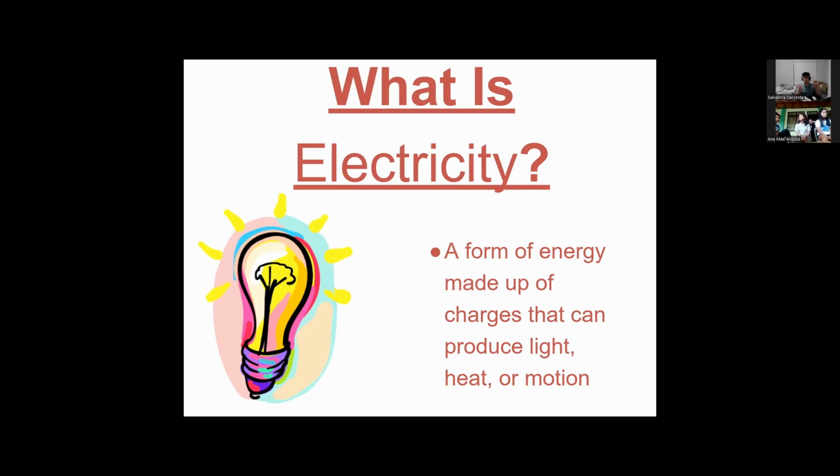Just like fire is a form of energy that produces heat, electricity is a form of energy that's made up of different currents, electrical currents, and different charges like positive and negative or neutral. Those are the three main charges that are within electricity.